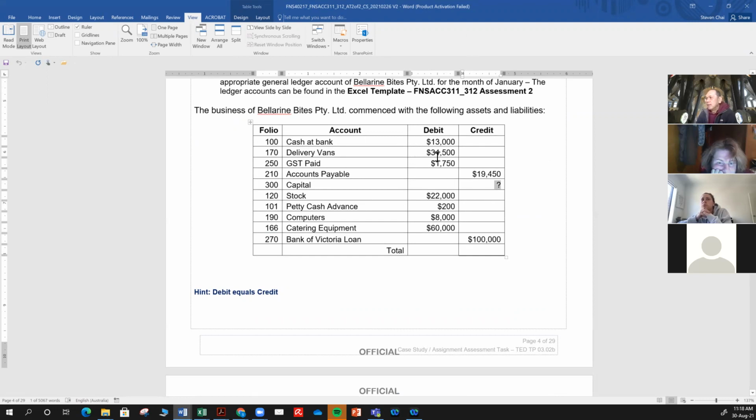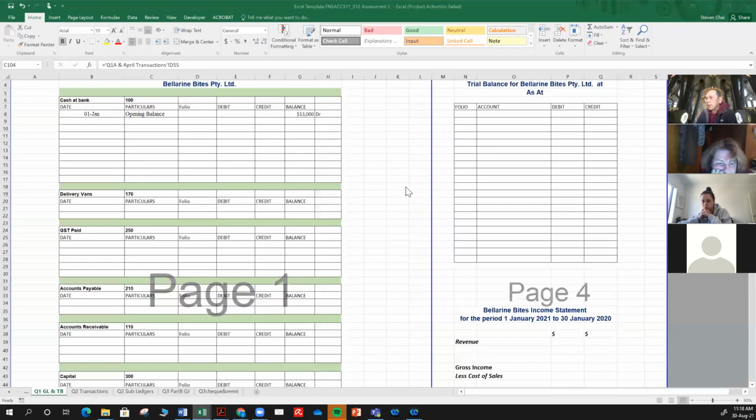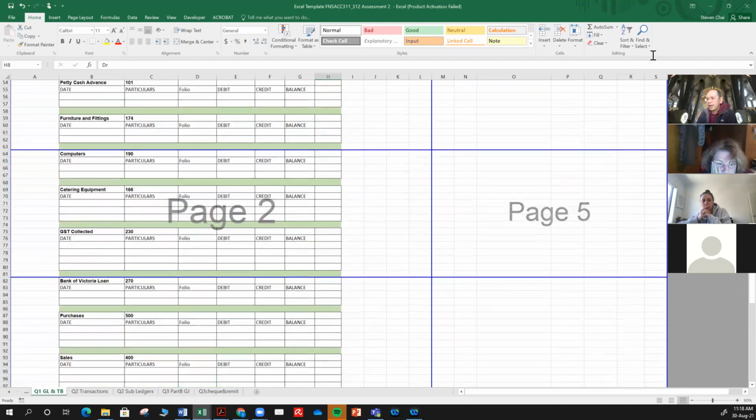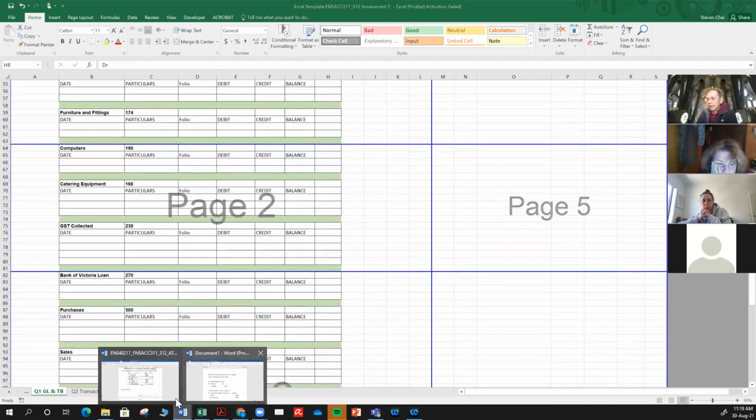In your Excel spreadsheet, you must always remember to write down debit or credit, so that when you add up all the debits less the credits, it will be your balance as at 31st of January. So the first thing you have to do is slot down all these opening balances respectively. All right, now we continue.